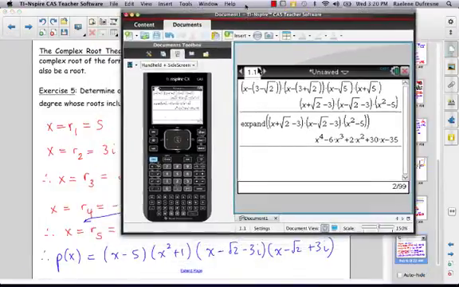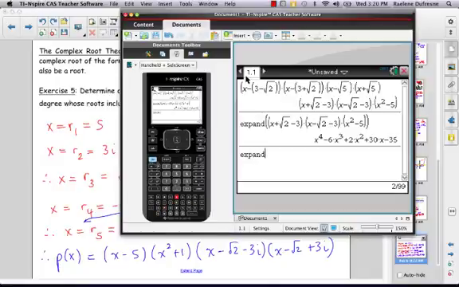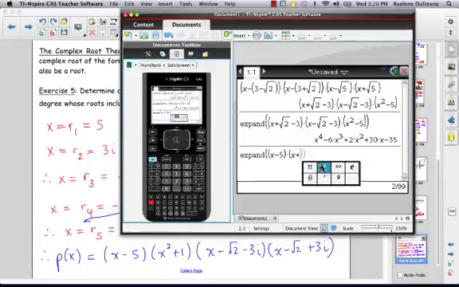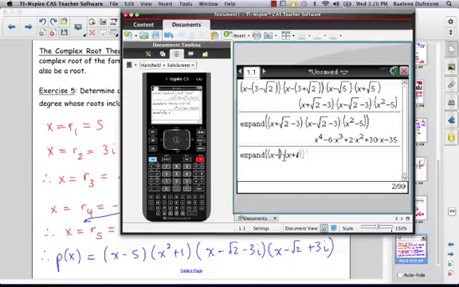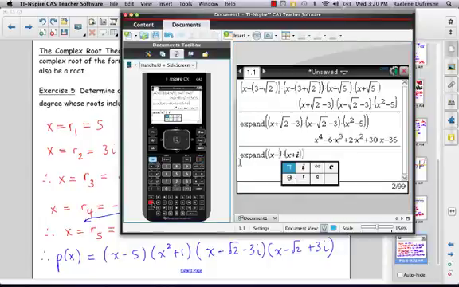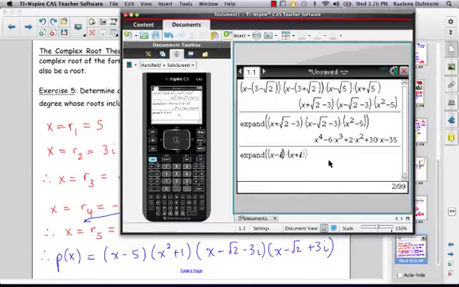So in the calculator, we are going to expand x minus 5 times x. I'm still going to use the plus i and the minus i rather than x squared plus 1. Actually, what I'm going to do first is verify that x minus i times x plus i is indeed x squared plus 1. And it is.